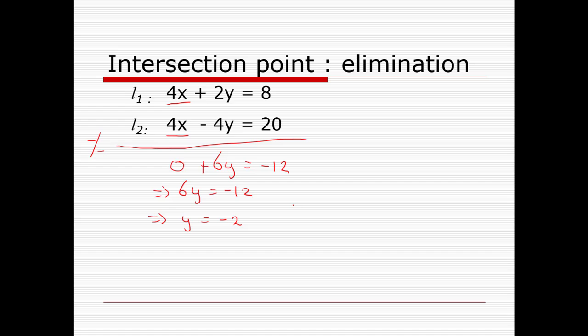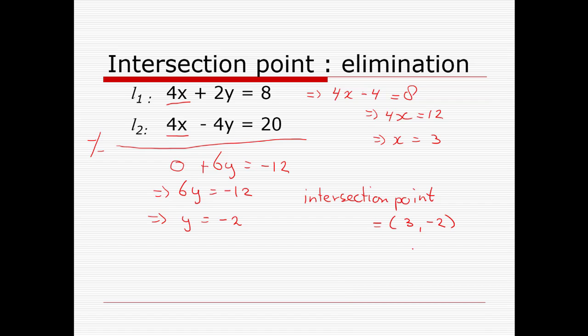Okay, then we have figured out one of the variables and we can just use it in one of the equations. Let's do it in the first one. So 4x minus 4, since 2 times -2 is -4, equals 8. So 4x equals 12, so x equals 3. So the intersection point we calculated is (3, -2).